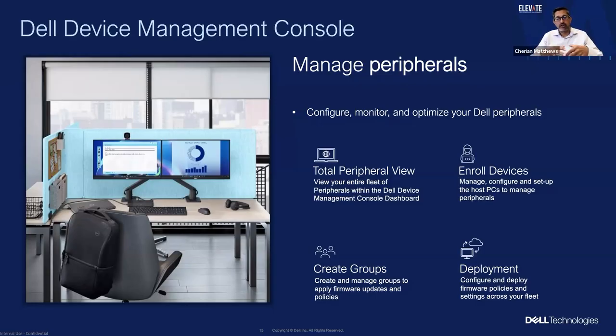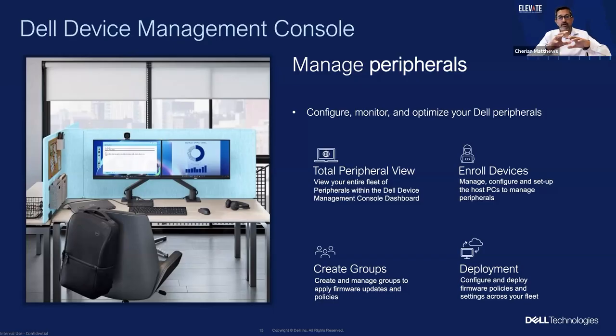Then the management console helps you organize these devices into logical groups. You can organize them into physical locations because docks, displays, headsets, webcams, et cetera, sit at a desk. So it's more logical to organize your devices by physical workspace than by users. PCs are allocated to users; these devices are allocated to workspaces.